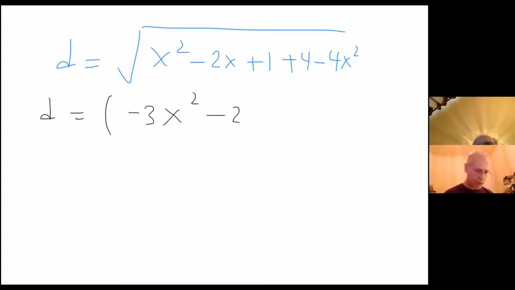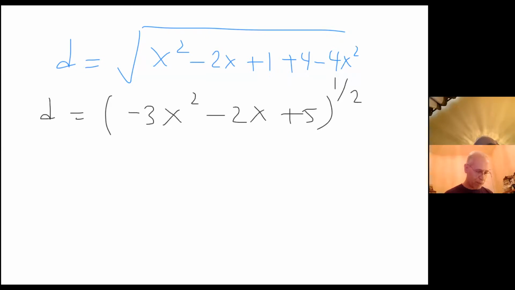Then I have minus 2x plus 5, all to the power of 1/2. Previously, in some examples, we let t equal d squared and continued with that. But this time, just for the sake of discussion, let's go from here to show that it still works.